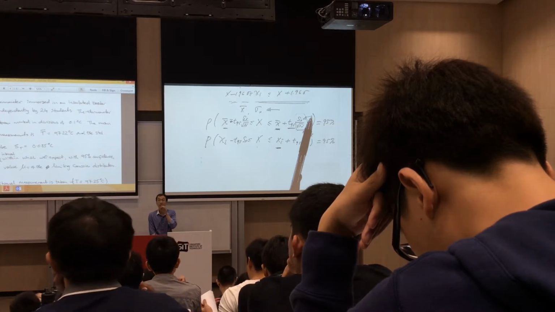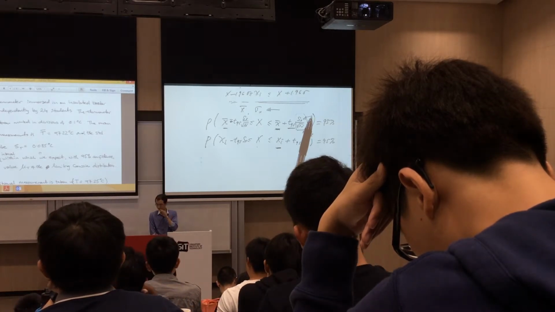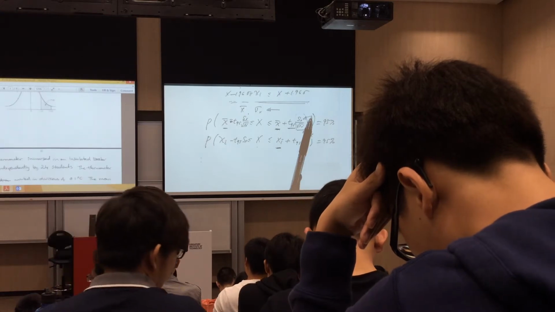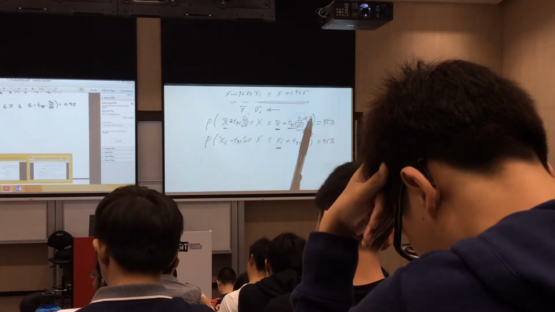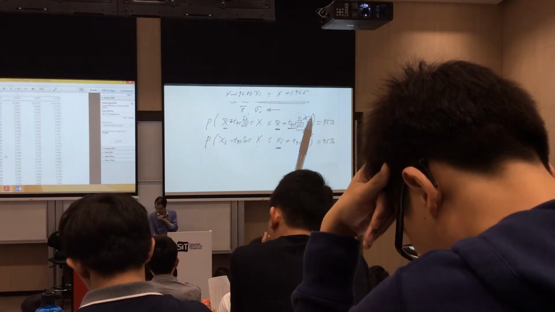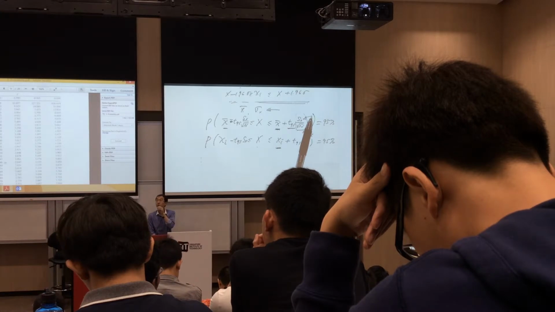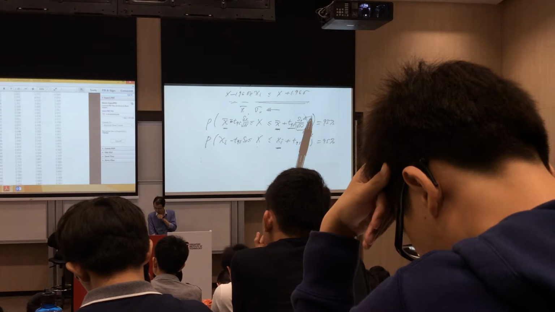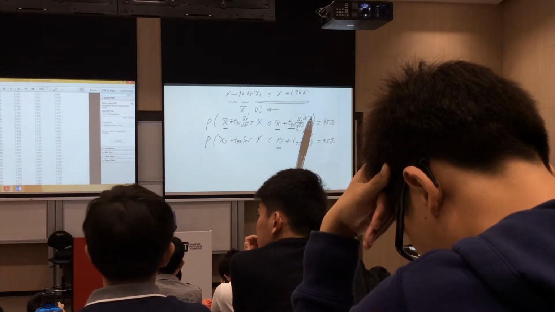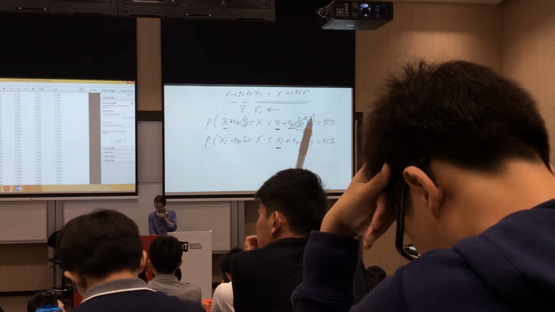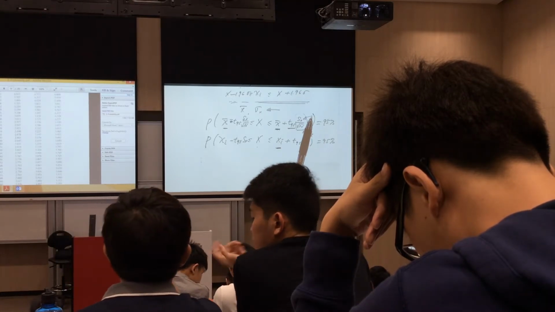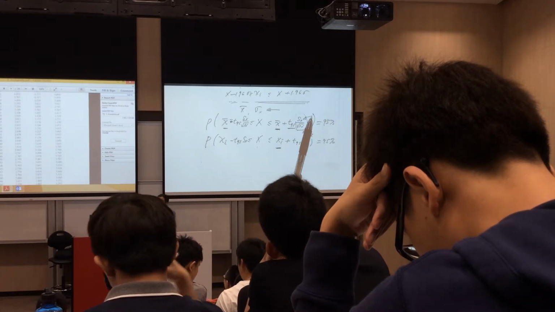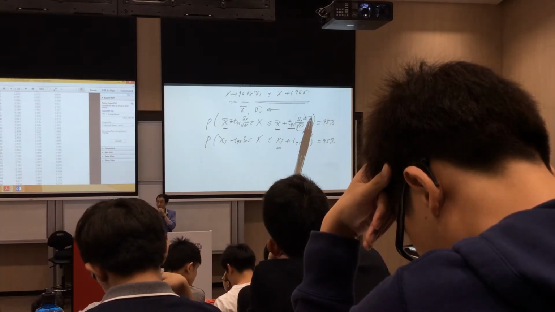So you need to go to the t distribution table. Which degrees of freedom do you need to look at? 23. So you look at 23 and 95% confidence, and here it is 2.069. That's the T95 for this case.